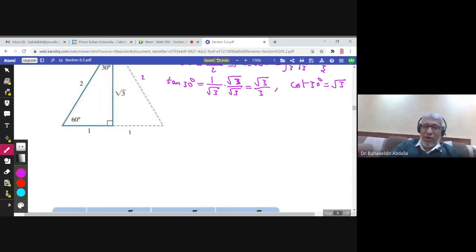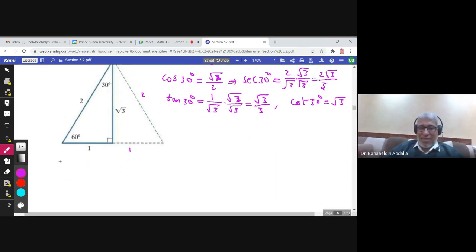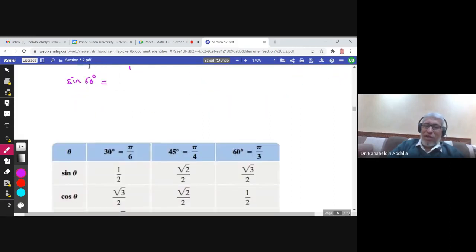What about 60? Please use what you studied here and find the 6 trigonometric functions of 60 using this triangle. But remember, the opposite side to 60 would be square root of 3, and the adjacent side of 60 would be 1, while the hypotenuse is always fixed.